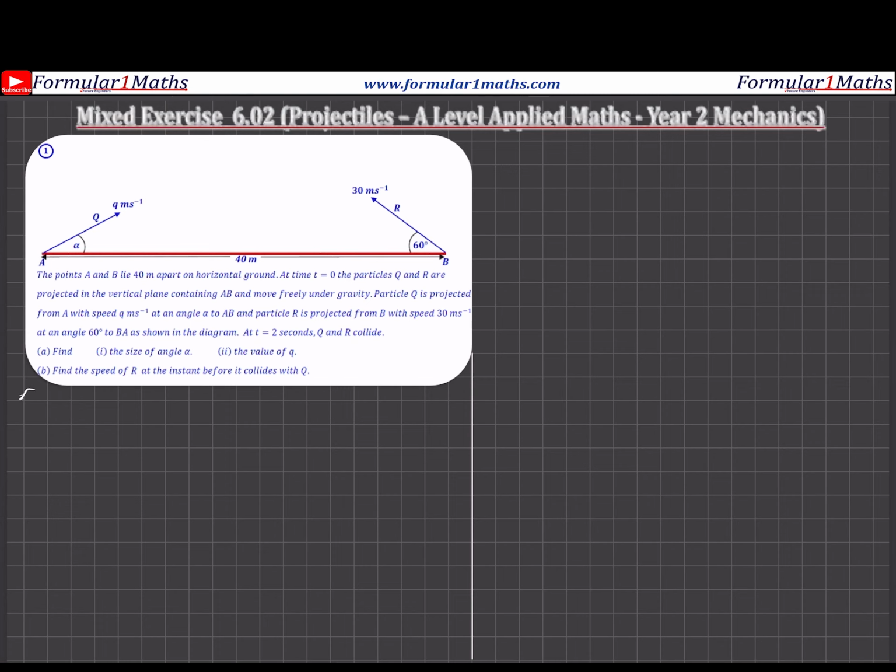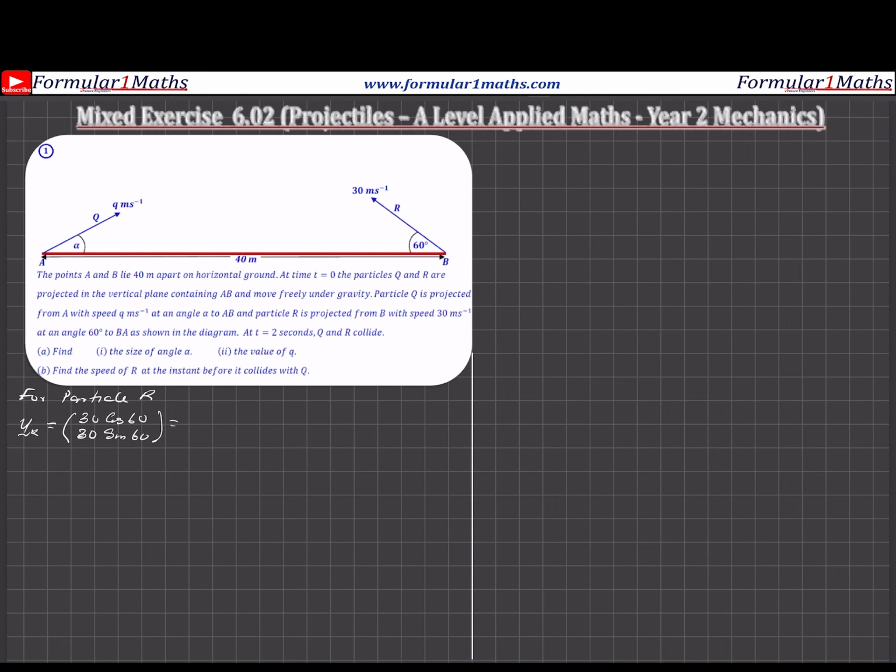So for particle R, the initial velocity in vector form, which I will denote by u_R, will be equal to 30 cos 60, that's the horizontal component, and 30 sine 60, the vertical component.